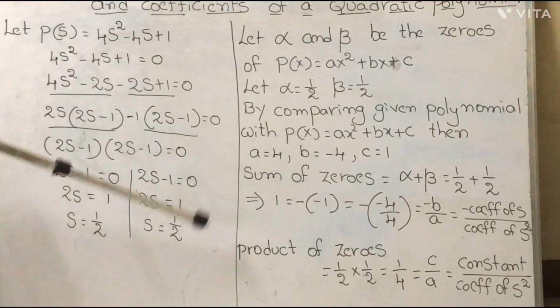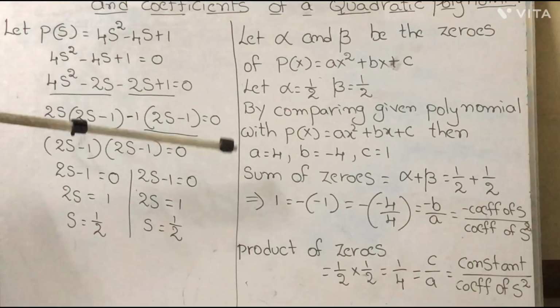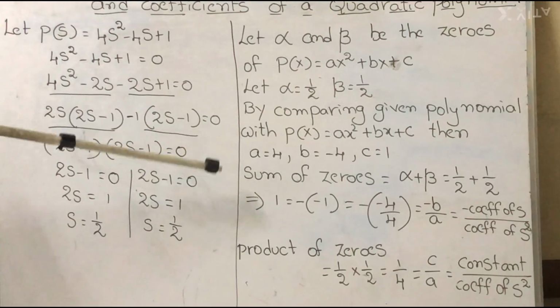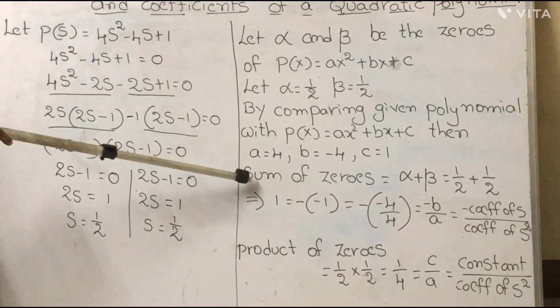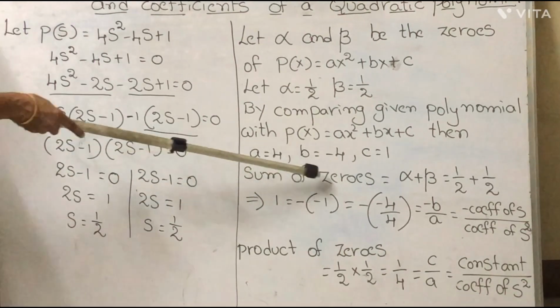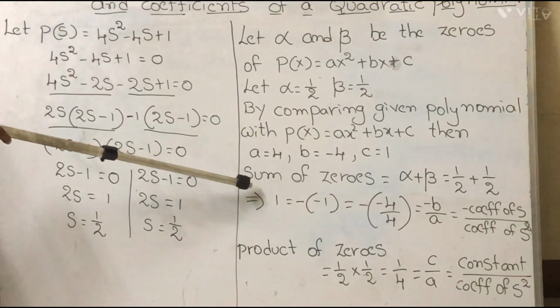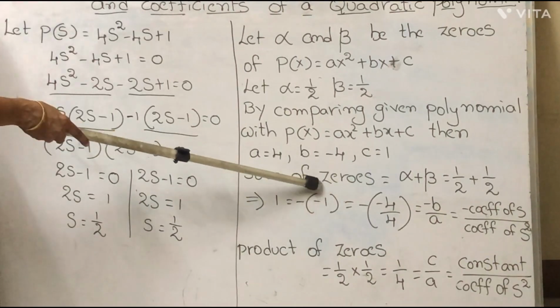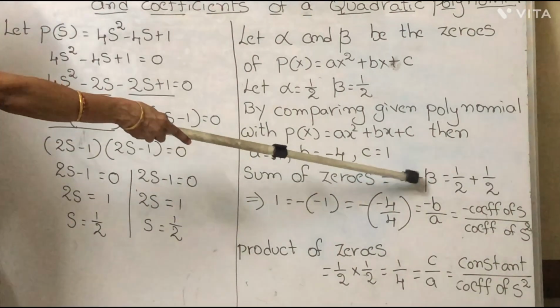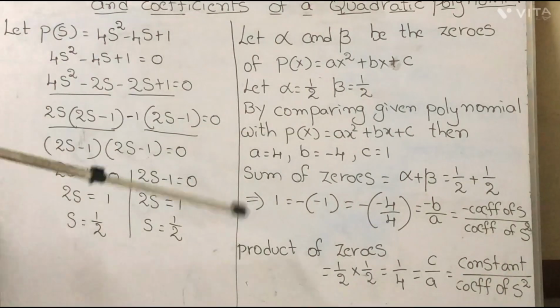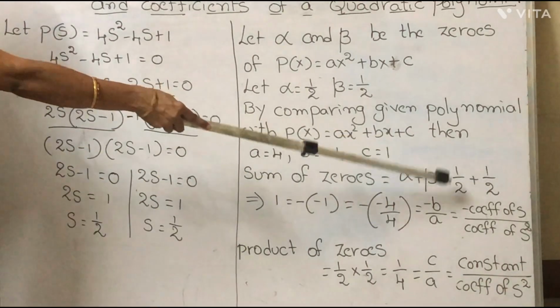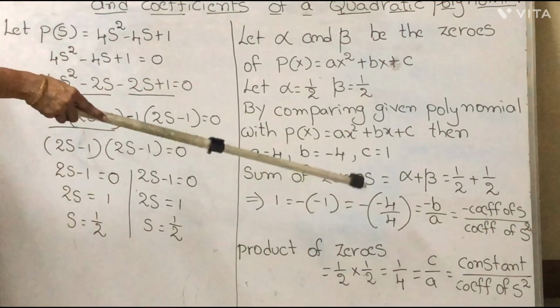Now we compared. Now we have to find the relationship between zeros and coefficients. First, sum of zeros: we have to add the zeros. Sum of zeros is equal to alpha plus beta, which is 1 by 2 plus 1 by 2.